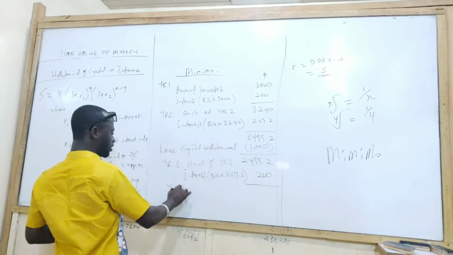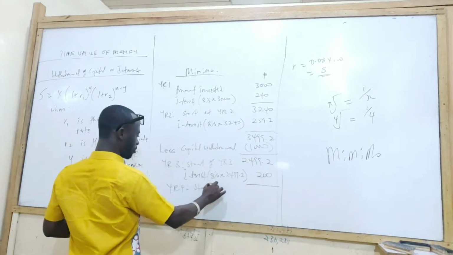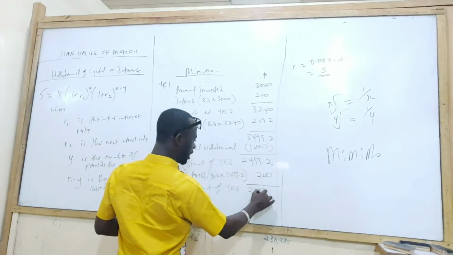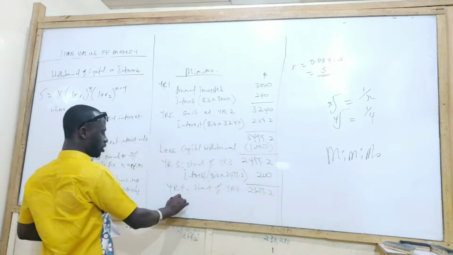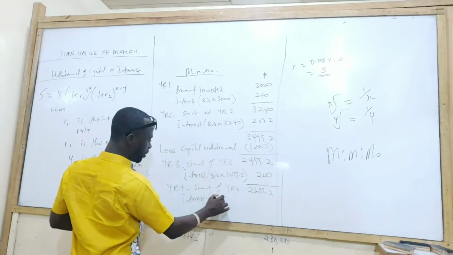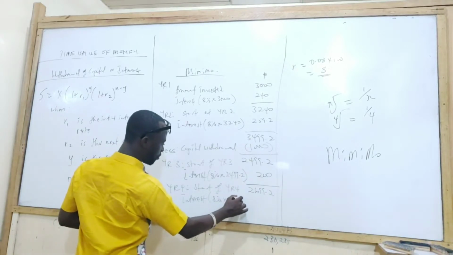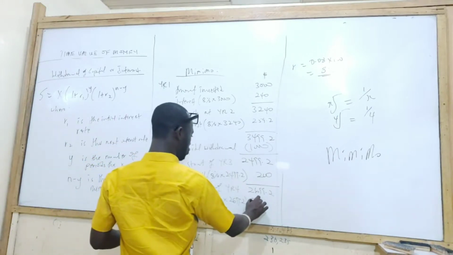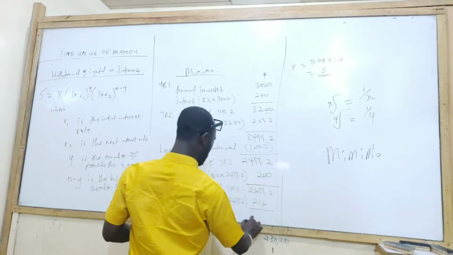Year 4 start: $2,699.2. Then we get the interest for year 4. That's 8% of 2,699.2, which is 216. You add it up.